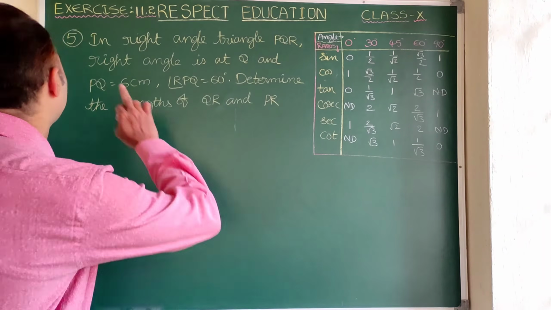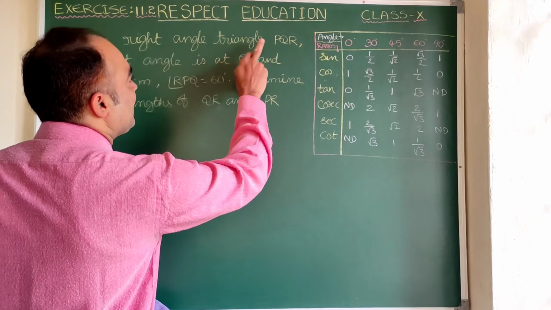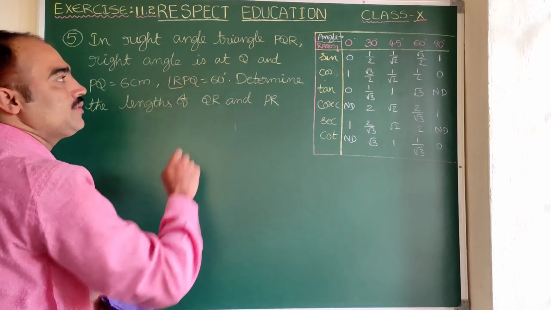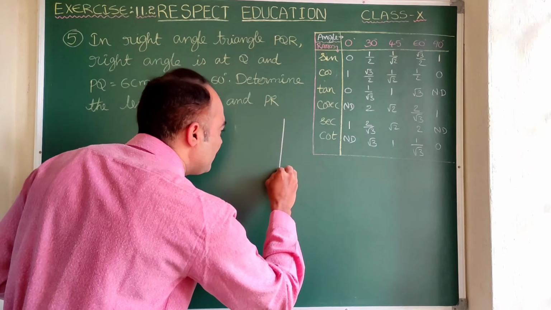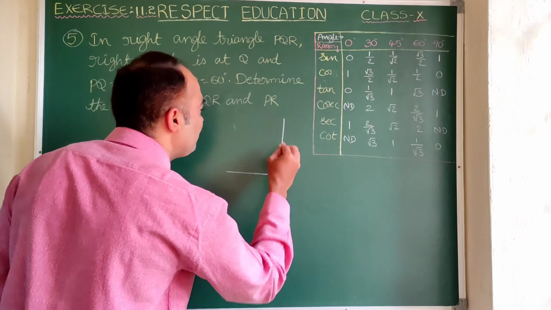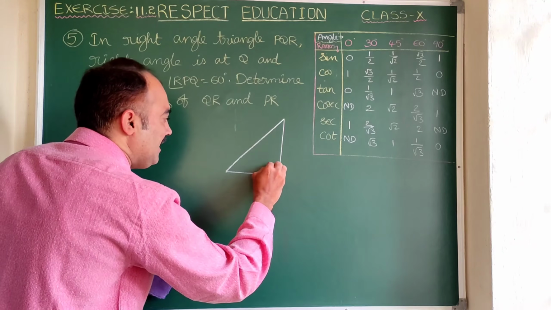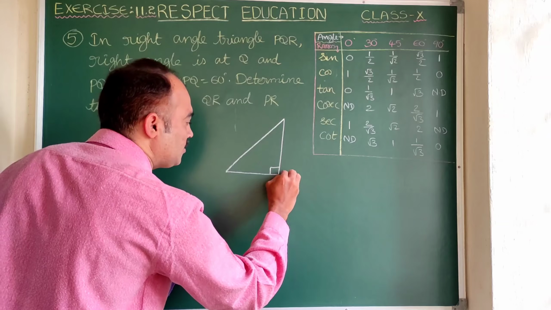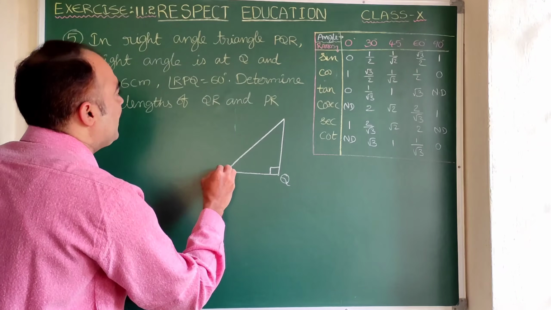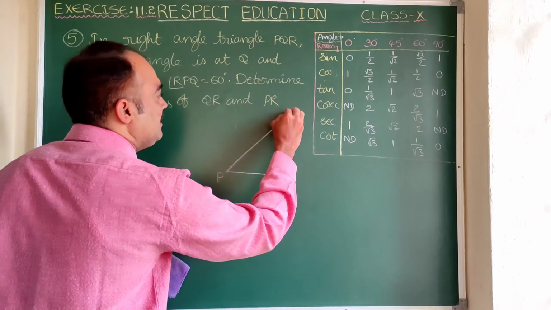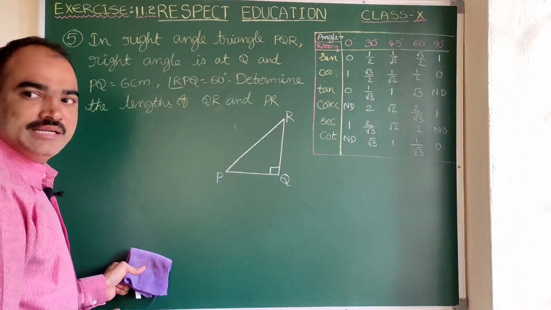Now we see problem number 5. In right angle triangle PQR, right angle is at Q. So here let us draw right angle triangle PQR in which this right angle is at Q. So here is Q. You can take P and R anywhere. Here I am taking P and here is R. Now PQ is equal to 6 centimeter.